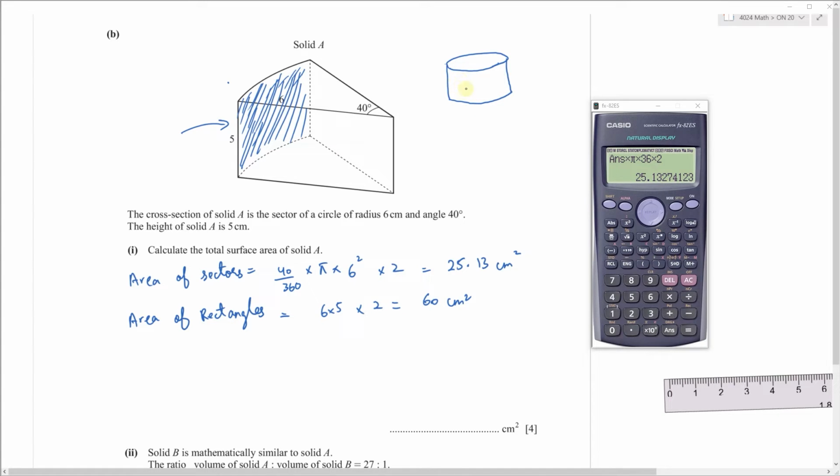We know that the full curved surface area of the cylinder is 2 pi r h, but since we are only taking a small part of this, we are only interested in this slice, which is solid A. So let's call this the curved surface area.